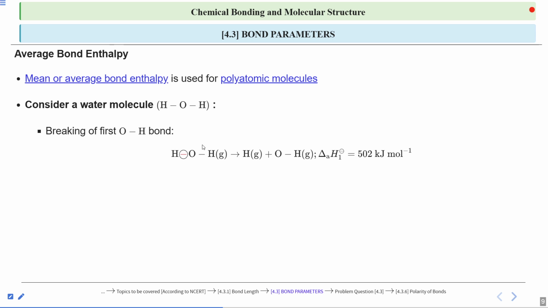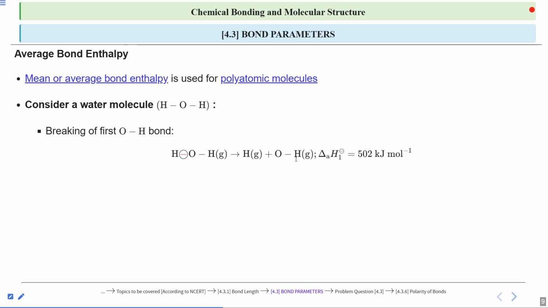Got it? So when we were breaking the first bond, we were breaking it in an H2O molecule. But we are left now with an OH species, and in the second case we will break the bond between O and H, and that too an isolated one. Again I am repeating it.